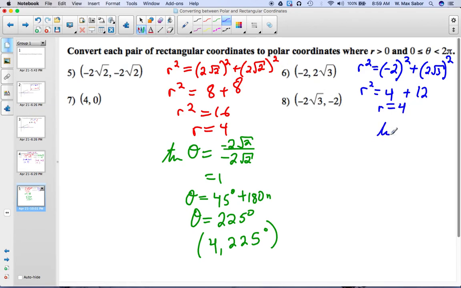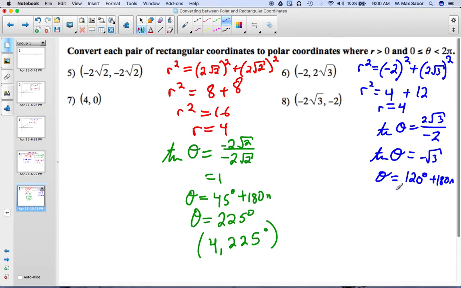And then tangent is 2 root 3 over negative 2, so negative root 3. So theta is going to be 120 degrees plus 180n. And based on the quadrant, this is going to be 120 degrees, so 4 comma 120.